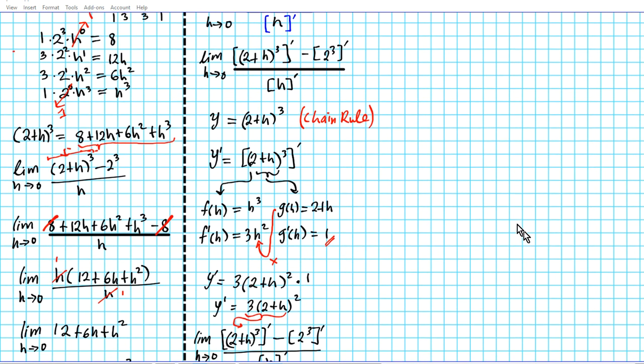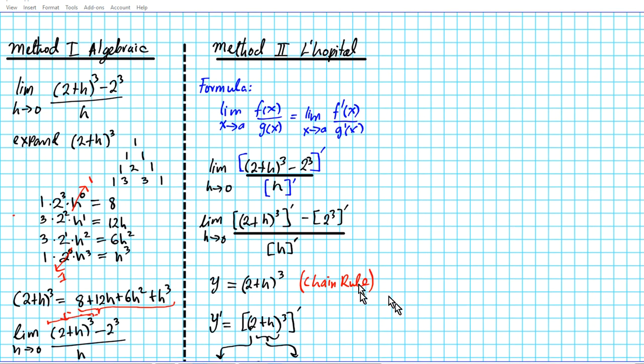Alright, let's take a look at the last method, method number 3, which is the limit definition of a derivative method. Okay, so let's go ahead and write it down.